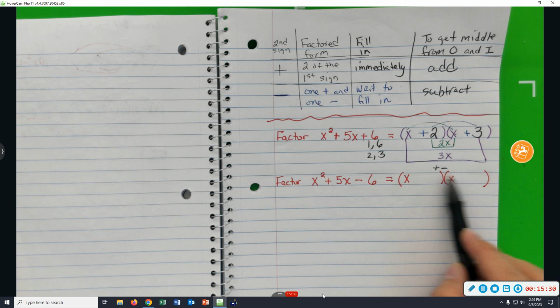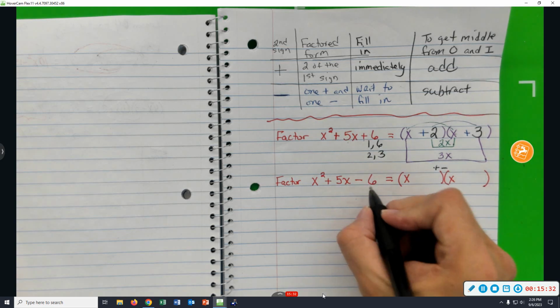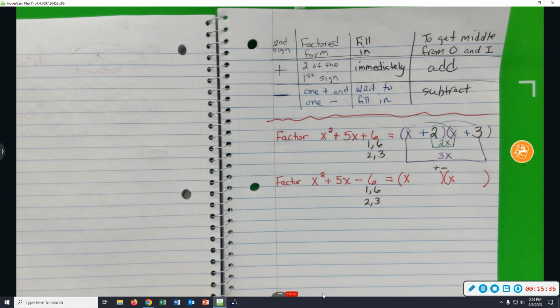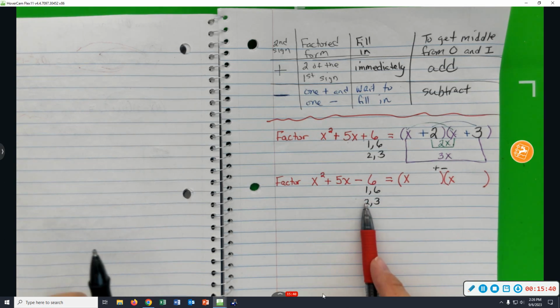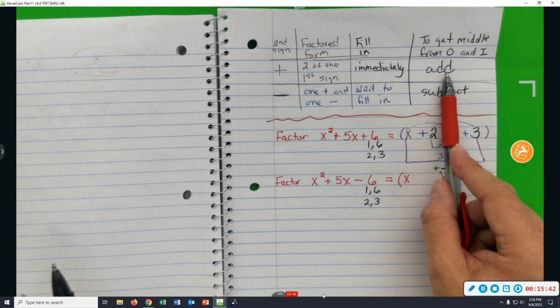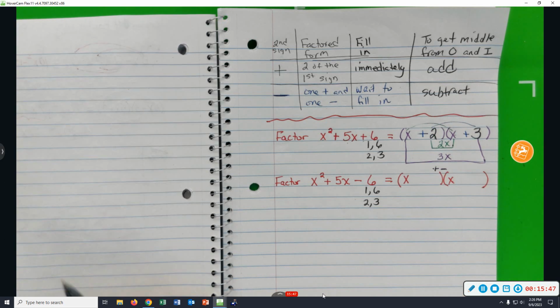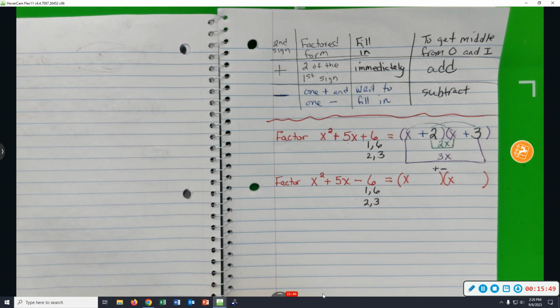The last positions should multiply together to give 6. So 1 times 6, 2 times 3. The 2 and 3 worked the first time because they added together to give that middle term. What about this time? It's going to be the 1 and 6.